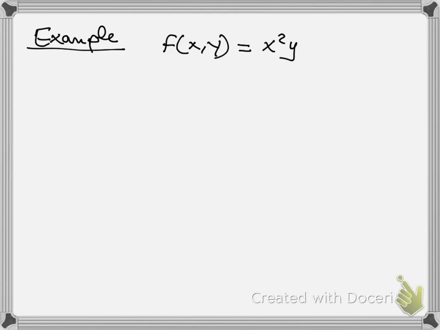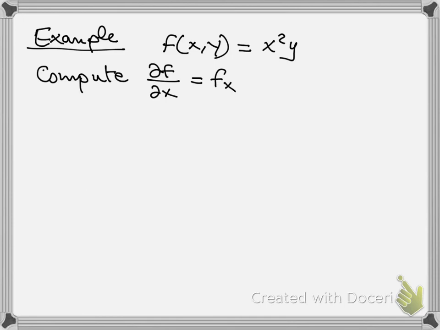Now let's do an example. Let's say f of (x, y) is equal to x squared y. Let's compute, for example, partial f, partial x, the derivative of f with respect to x.